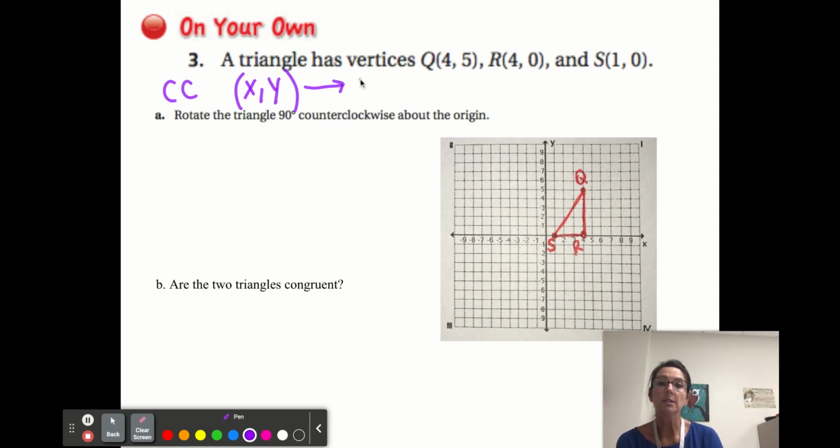It's going to reverse the numbers. So the notation here for counterclockwise is that the x and y change place only in number.